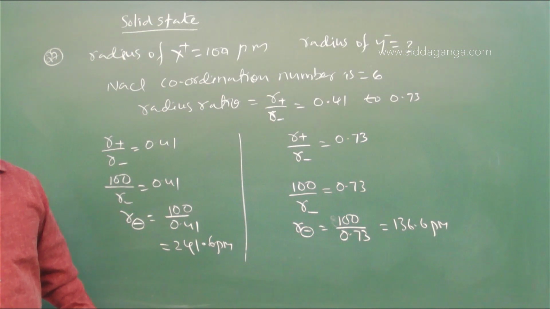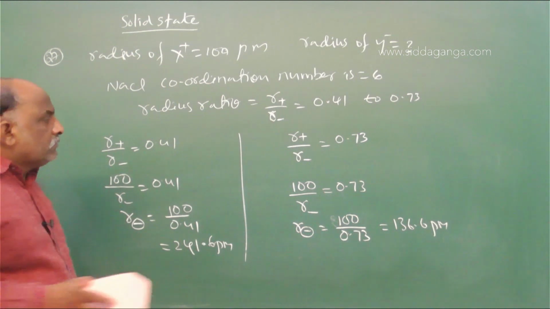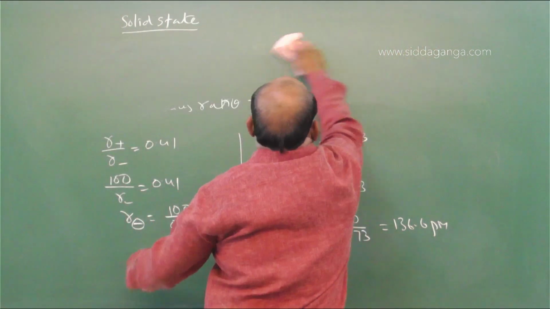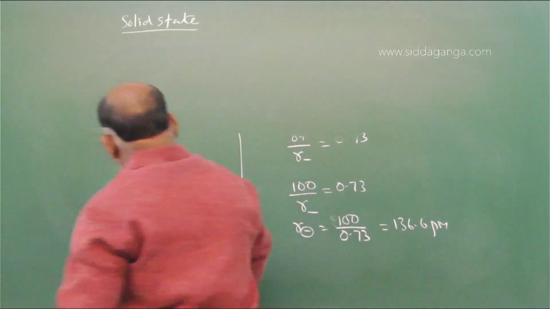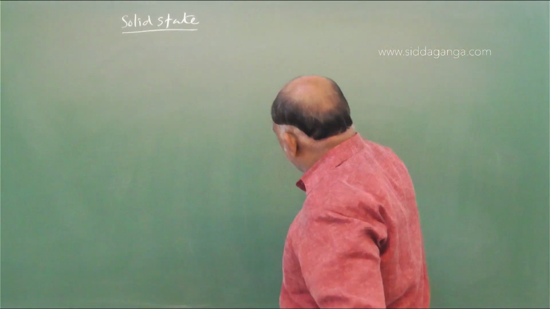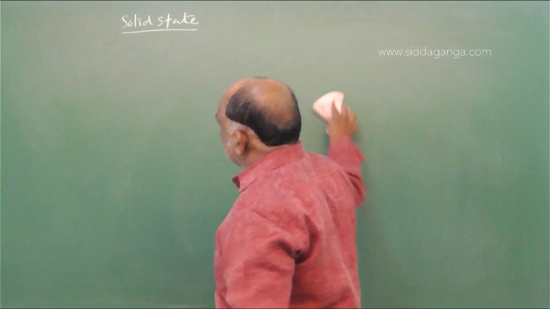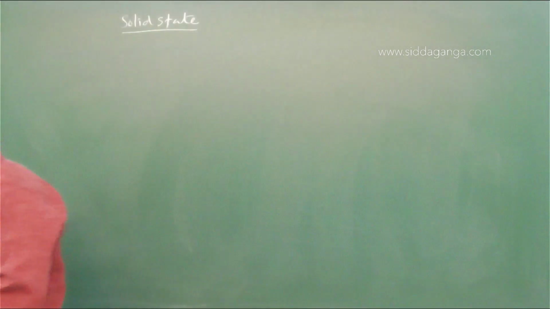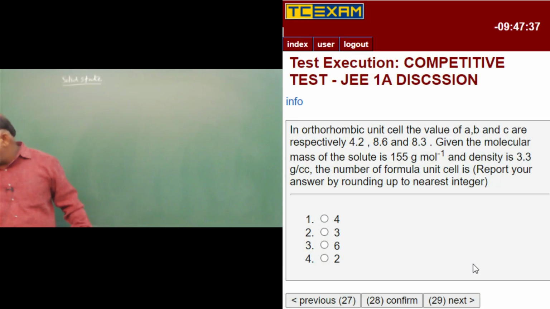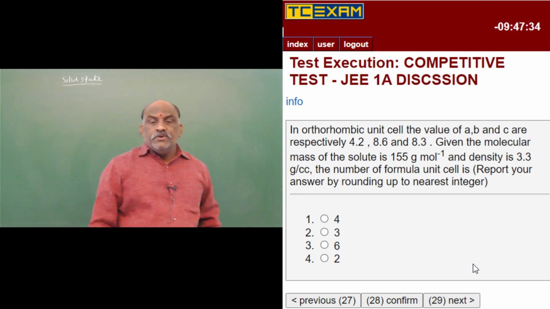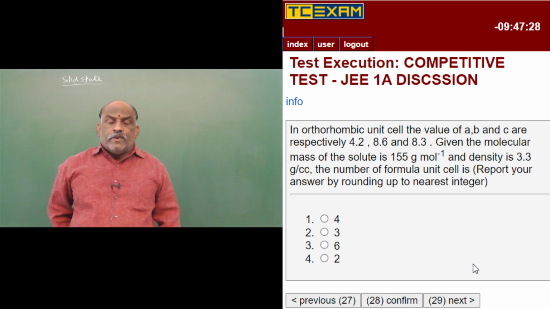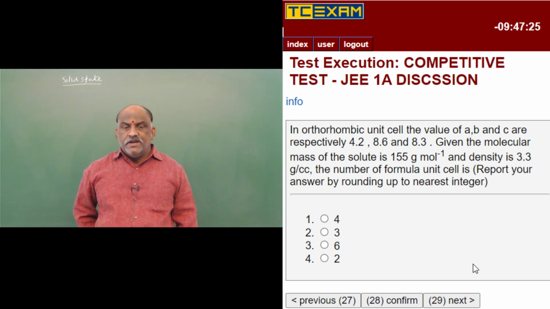And next, question number 28. In an orthorhombic unit cell, the values of A, B and C are respectively 4.2 angstroms, 8.6 angstroms, 8.3 angstroms.